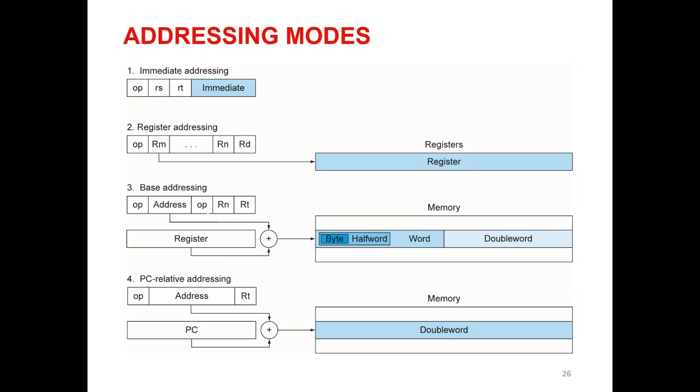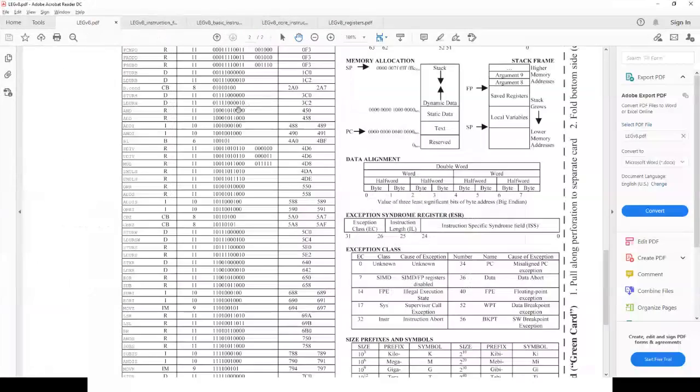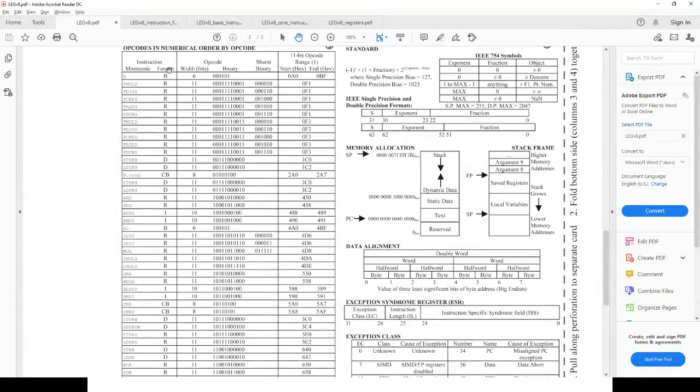I'm still seeing questions regarding the wide immediate operands. So for instance, someone is asking, how do we know if we need to use the format IM or the format IW? Let me jump to the correct slide. Remember that we have our reference dataset, and here you have the format.